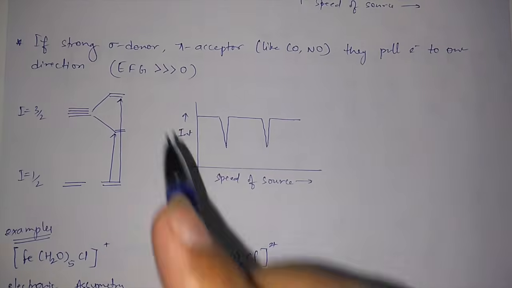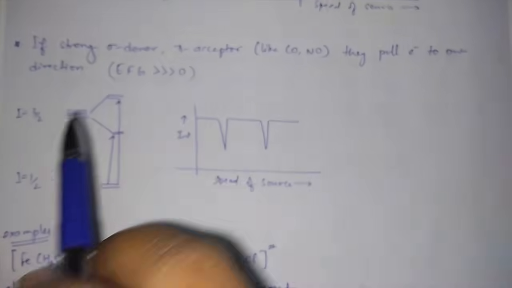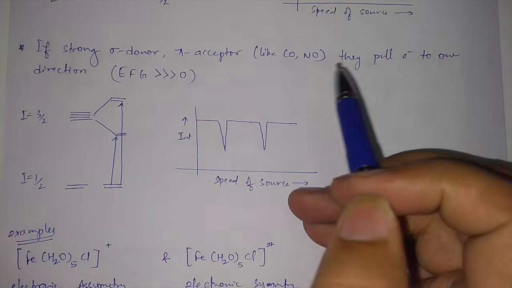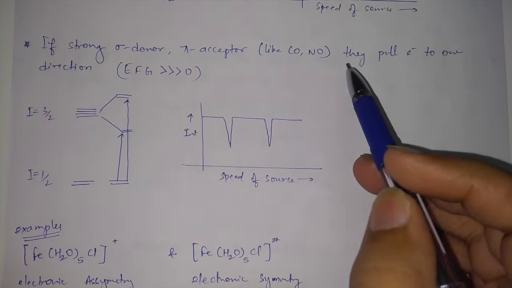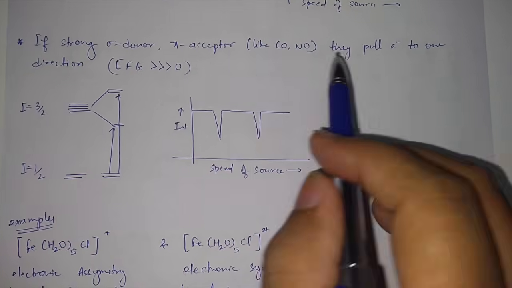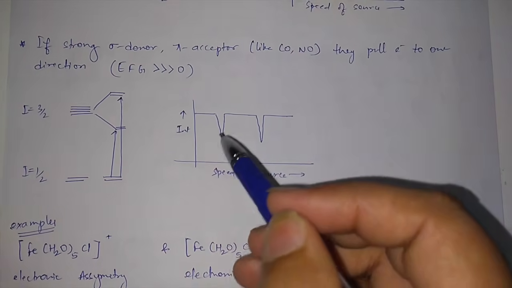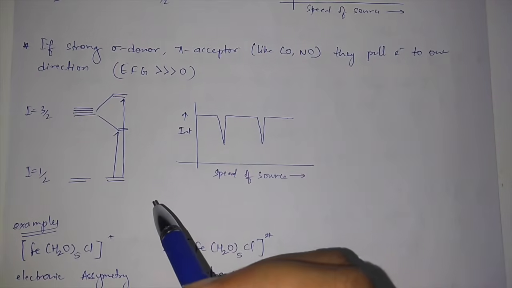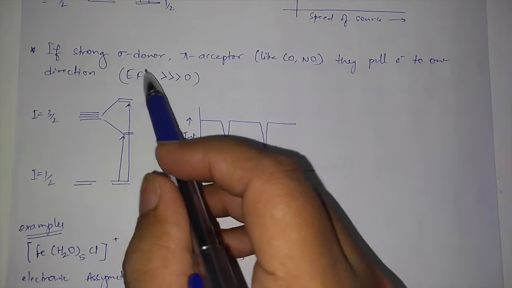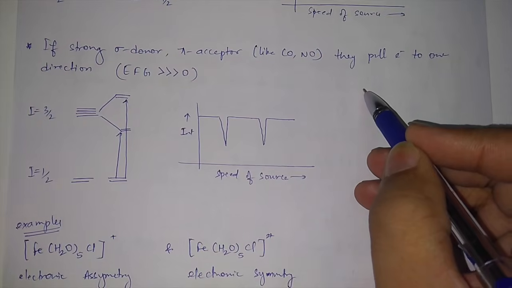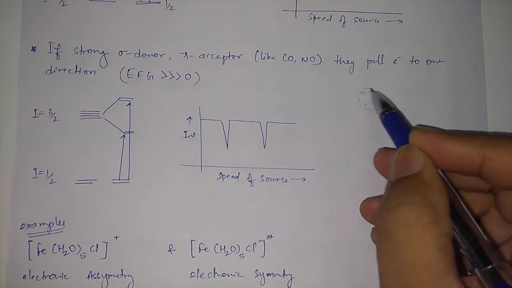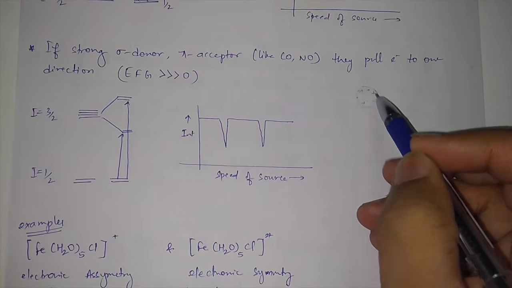Now let's say that a strong sigma donor and pi acceptor ligand like CO, NO, all these are present, then what will happen? They will pull electron density in one direction. In the metal, they will pull electrons towards a particular direction, and as I told you, the charges will not be present in a uniform manner, so they will not be symmetrically arranged.